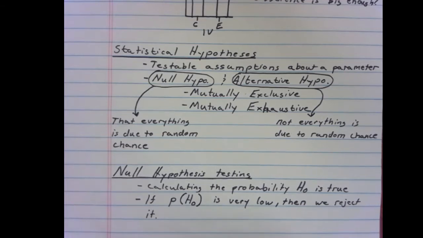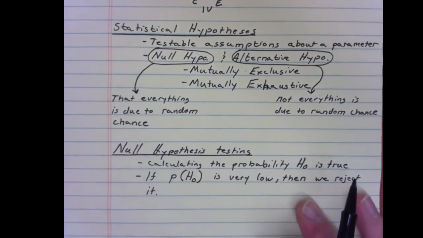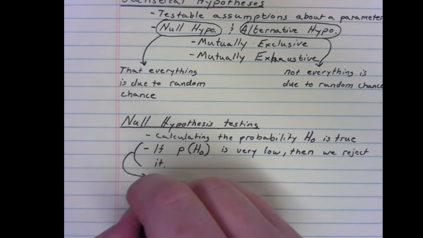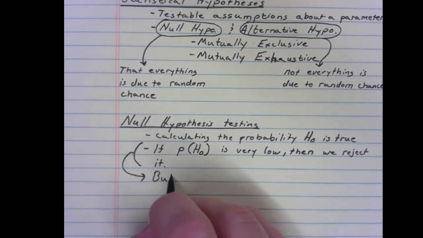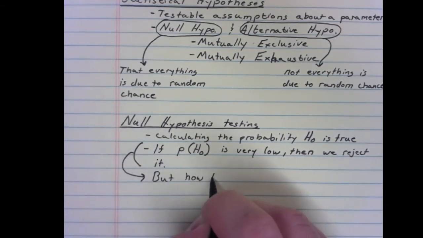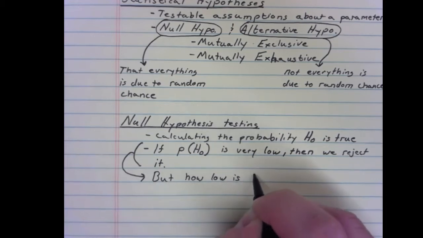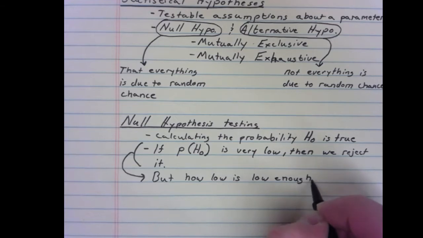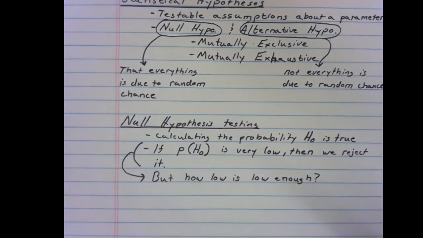Now, one key element that comes up is how low of a probability is low enough. Now, this is ultimately a subjective decision.